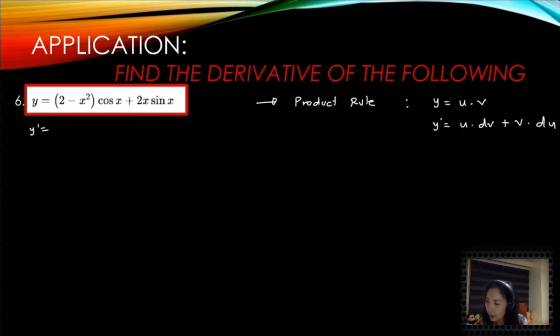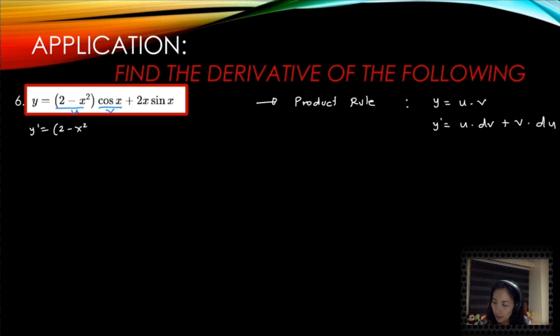Okay, so let's focus our attention on the first term. Again, like what I said a while ago, the first term is in fact a product of 2 minus x squared and cosine x. Applying our product rule, y prime is equal to u dv, (2 minus x squared) times dv.